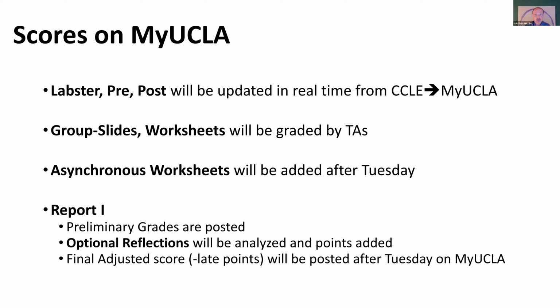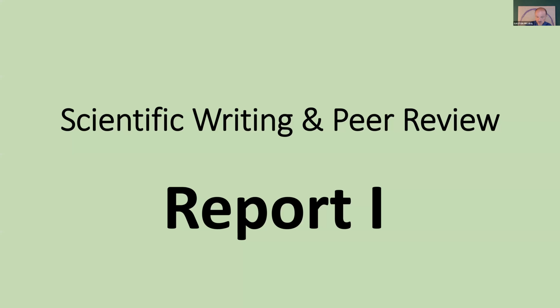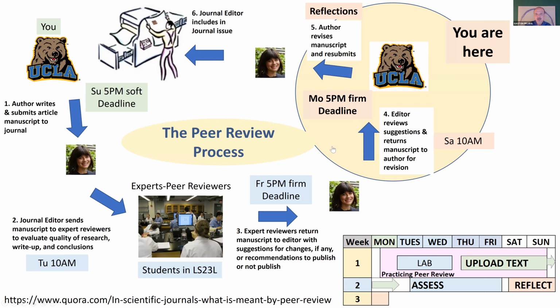We actually read through these, and if your reflection or feedback is too short, or you just put nonsense in, you won't get the points. The final adjusted score will be posted after we have analyzed the reflections and added them, minus the late points. If you submit late, you get an adjusted score, which will be different than the score in the actual assignment.